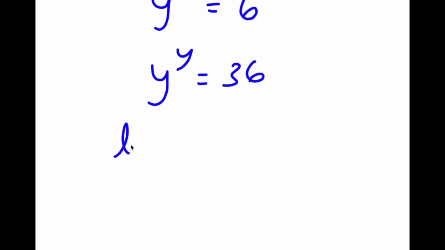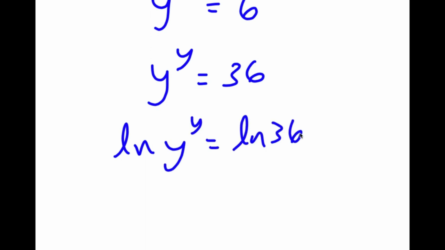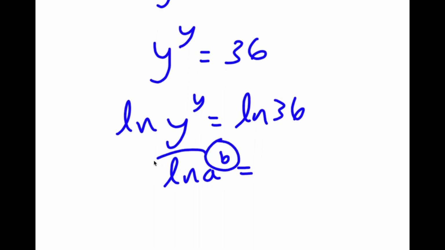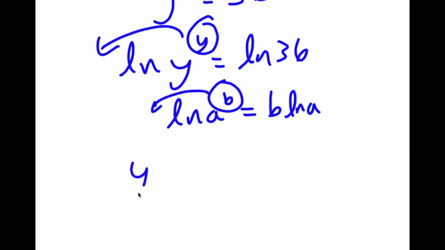Now if I take the ln on both sides, I get ln of y to the power of y is equal to ln 36. And now if I have something in the form ln of a to the power of b, I can move this exponent b to the front, so it's going to equal b times ln a. So in this case, I can move y to the front, so now I have y times ln y is equal to ln 36.